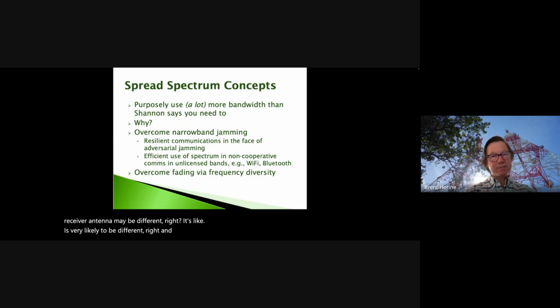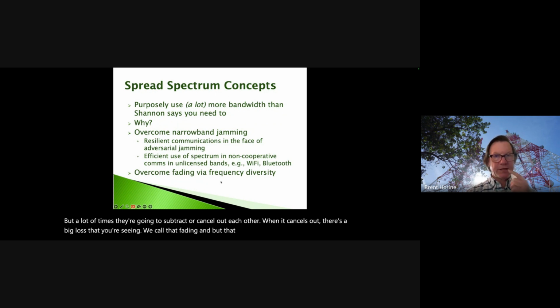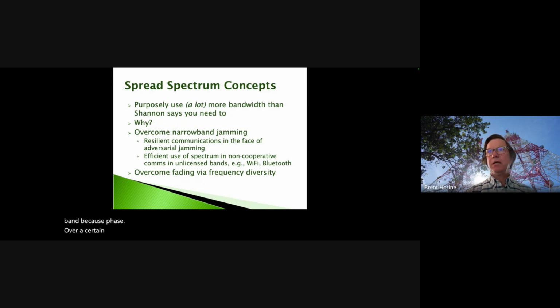And so sometimes they're going to add, but a lot of times they're going to subtract or cancel out each other. When it cancels out, there's a big loss that you're seeing. We call that fading, but that tends to happen over a very narrow band because phase over a certain distance is related to the wavelength or the frequency.